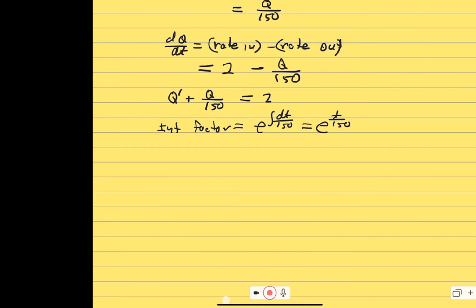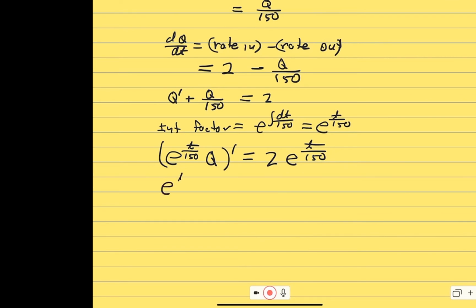So this is now e to the t over 150 Q, the whole thing prime, is 2 e to the t over 150.